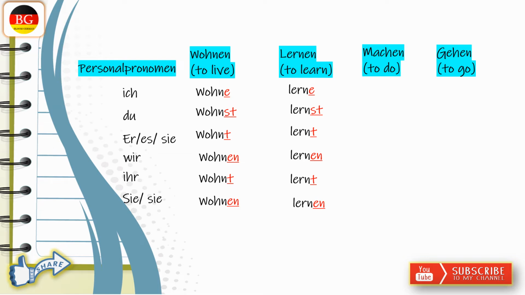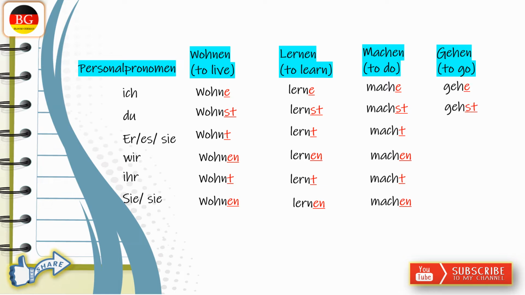Another verb, machen, meaning to do. Ich mache, du machst, sie macht, wir machen, ihr macht, sie machen. One more example, gehen, meaning to go. Ich gehe, du gehst, sie geht, wir gehen, ihr geht, sie gehen.